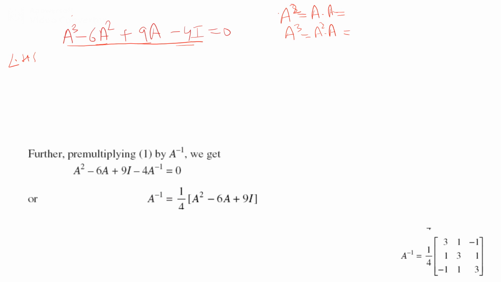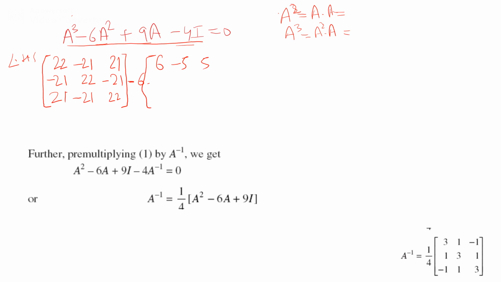The A cube, which I already found, we get as 22, minus 21, 21, minus 21, 22, minus 21, 21, minus 21, 22. This is A cube. Minus 6 times A square, which I already found: 6, minus 5, 5, minus 5, 6, minus 5, 5, minus 5, 6.